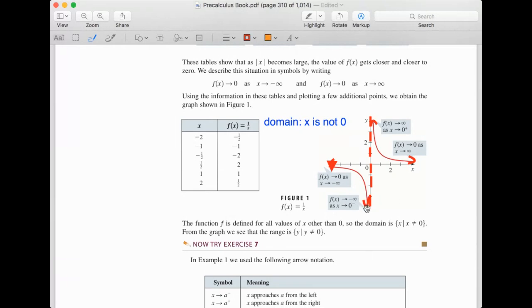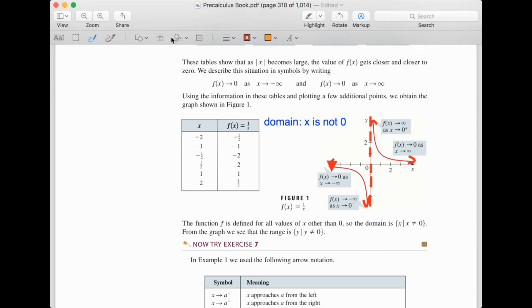All right. As the x value gets close to 0 from the left, the function value goes to negative infinity. As the x value gets closer to 0 from the right, the function value goes to positive infinity.